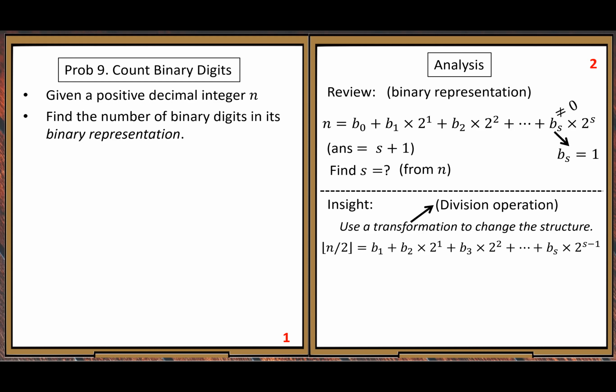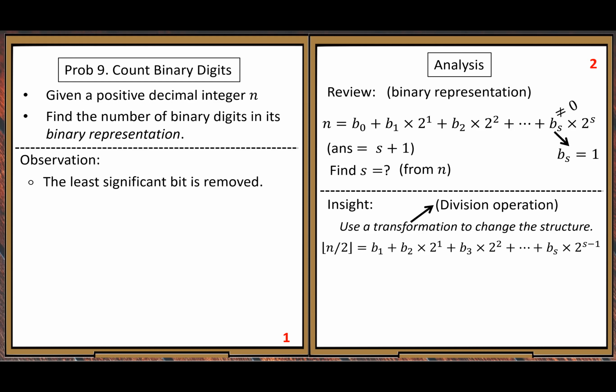For the remaining terms, we reduce the exponent by 1 for each term: b1, b2 times 2 to the first, and so on. Let us make an observation. The least significant bit is removed.